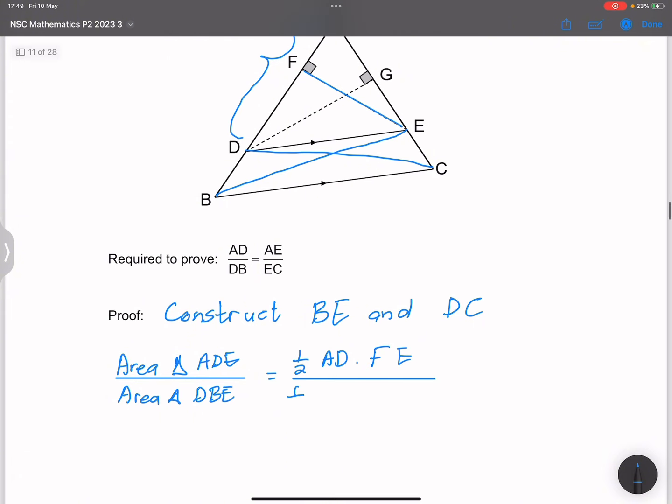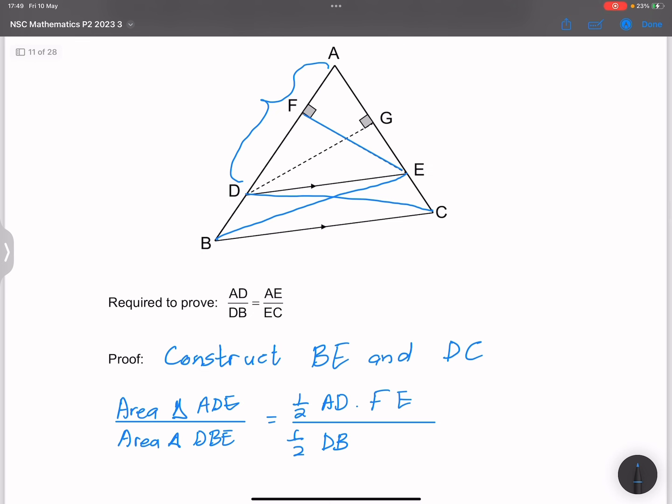half. Now we're looking at the triangle DBE, so this is going to be half times the base, which is DB. But if you note in that triangle, the perpendicular height is still that height FE over there. So that's height FE.